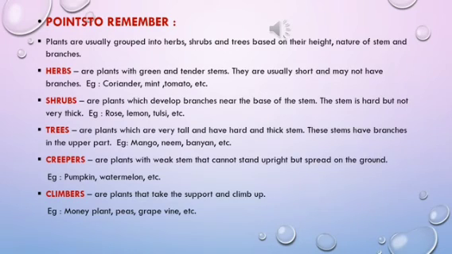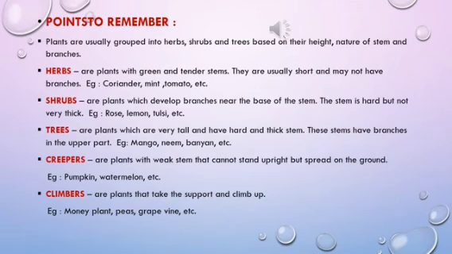The stem is hard but not very thick. Example: rose, lemon, tulsi, etc. Trees. Trees are plants which are very tall and have hard and thick stem. These stems have branches in the upper part. Example: mango, neem, banyan, etc.